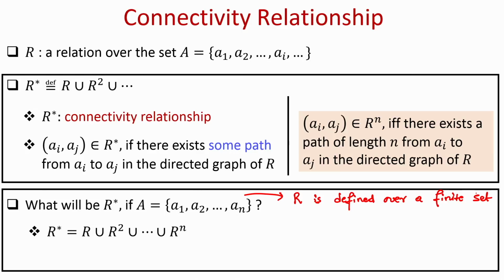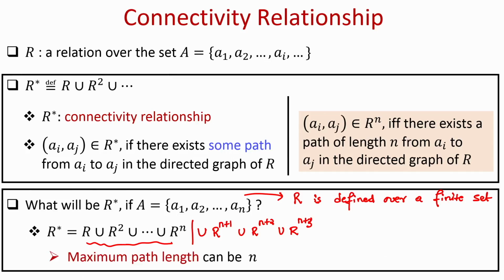My claim here is that R star is nothing but the union of R, R square and up to R power n, because you do not need to take the union of higher powers of R. Any higher powers of R will be subsumed in the union of the first n powers of R, provided your relation R is defined over a finite set consisting of n elements.